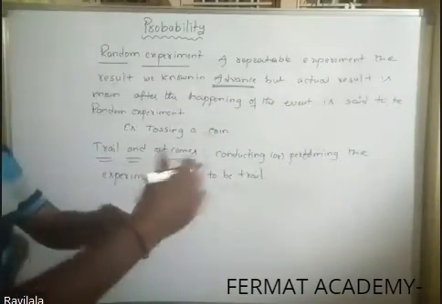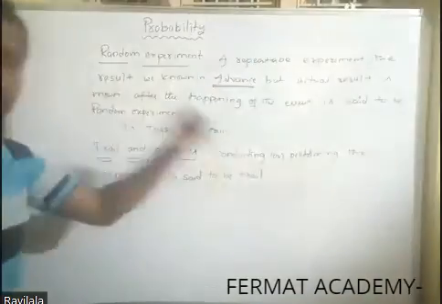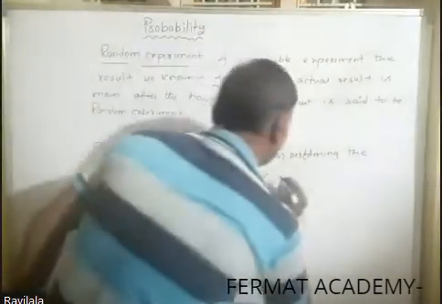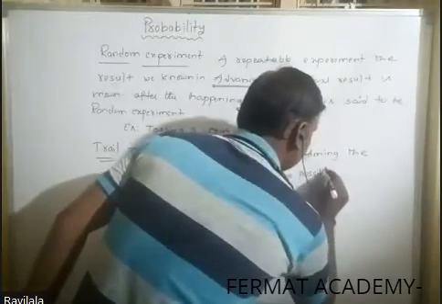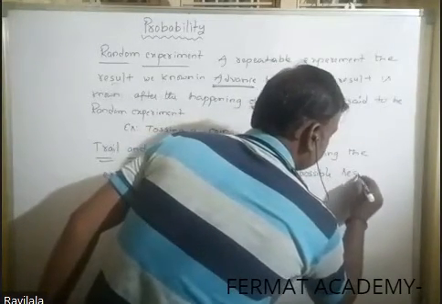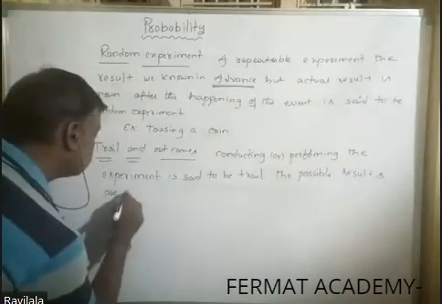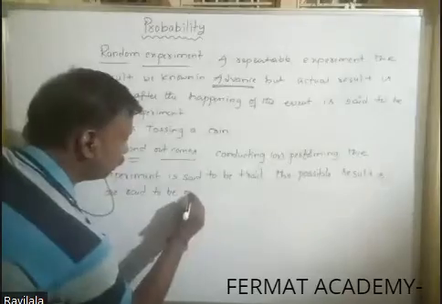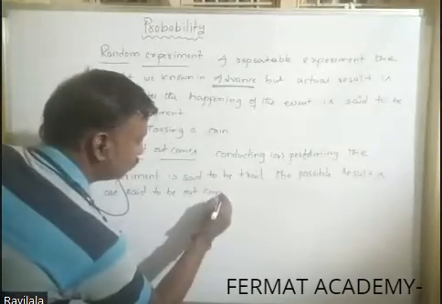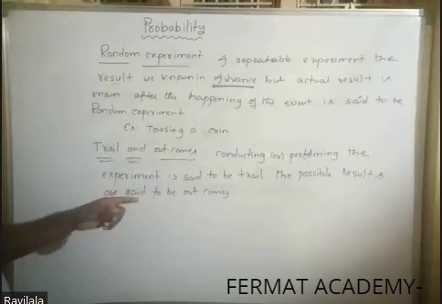And the possible results, that may be head, that may be tail, are said to be outcomes. The possible results are said to be outcomes.